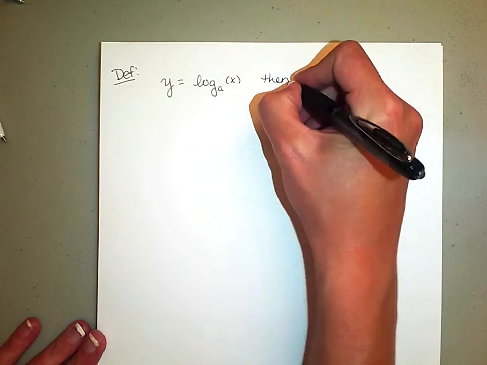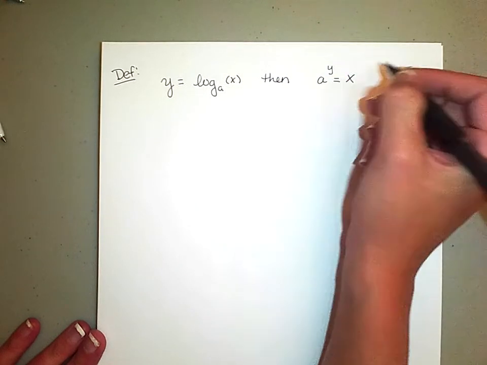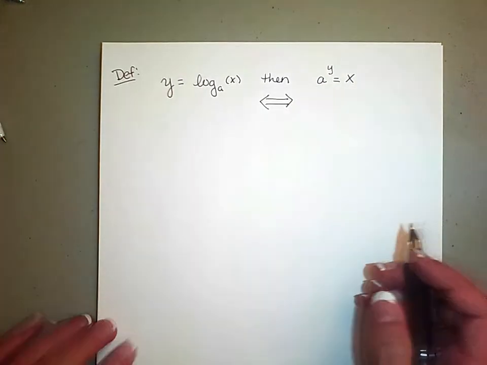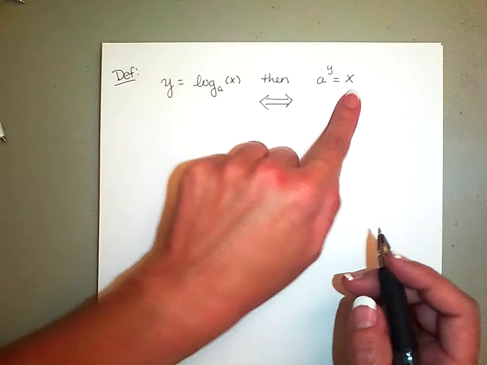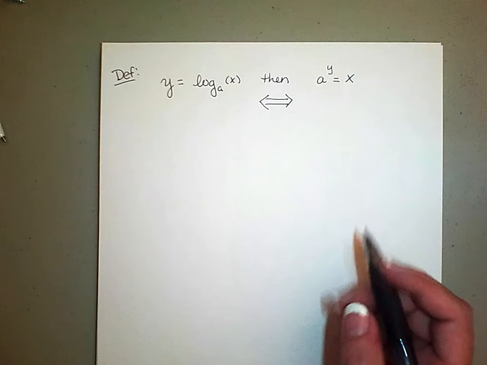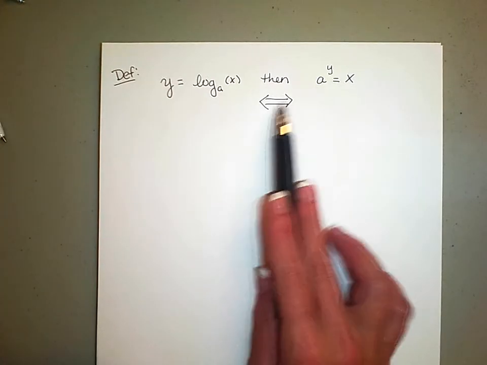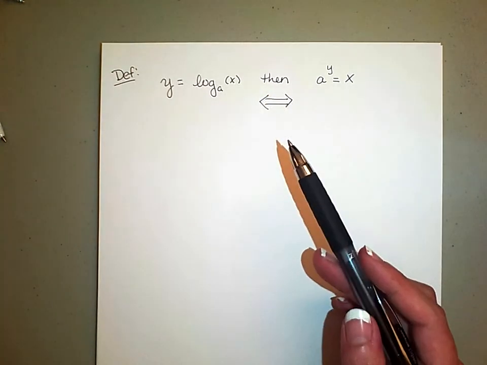Then we can write a to the y is equal to x. And this goes both ways. If you have this, you can write that. If you have that, you can write this. They're equivalent statements. This is an if and only if symbol. It means you can go back and forth freely.